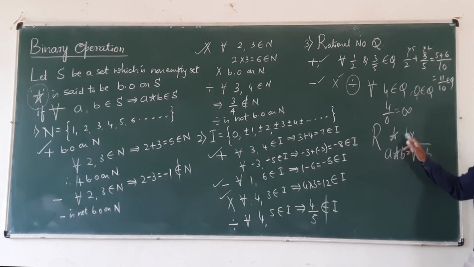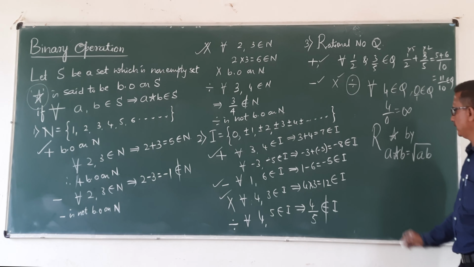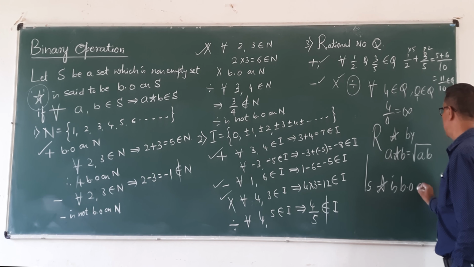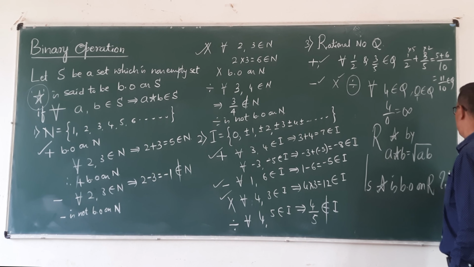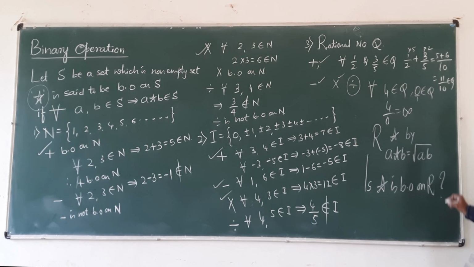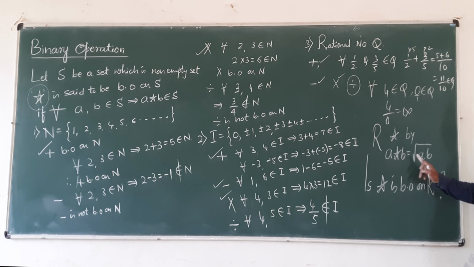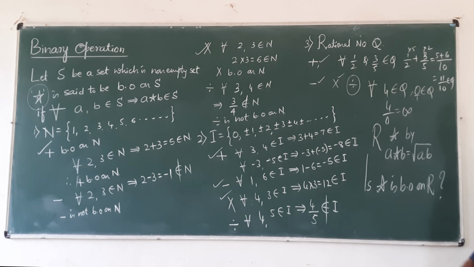Now the question is whether star is a binary operation on the set of real numbers R. Read the question carefully and verify whether star is a binary operation on R.